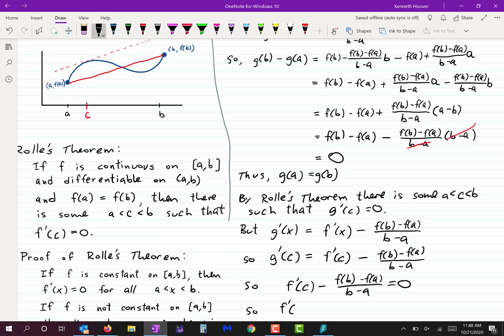So f prime of c has to equal that number. And that proves the intermediate, I always get them mixed up when I'm speaking. That proves the mean value theorem. Okay, that's all for today.